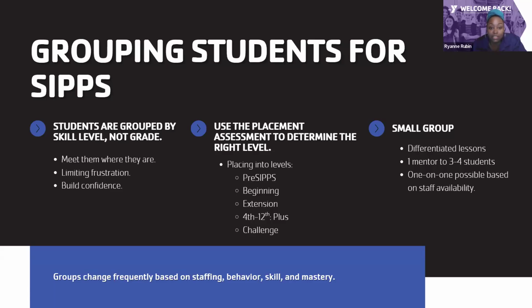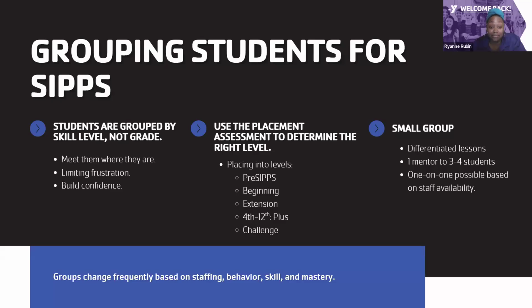Using the placement assessment to determine the right level. Your students are going to be placed into pre-SIPPS, beginning, extension, plus for the 4th through 12th graders, or challenge. As we go through the levels, you'll learn more about what grade level fits. But generally, as I said before, pre-SIPPS is K through 1st normally.